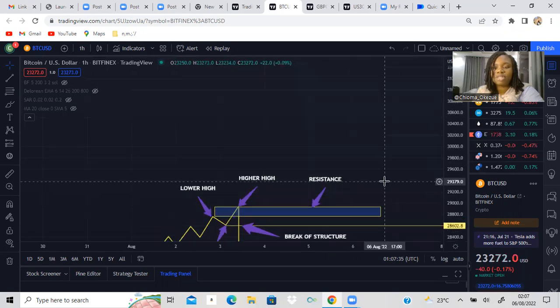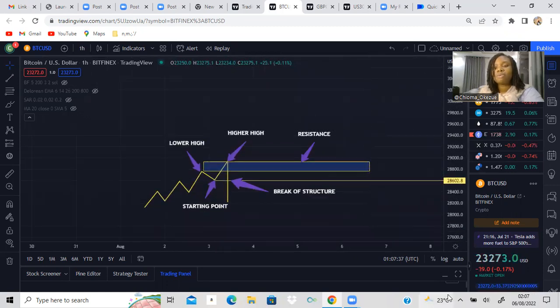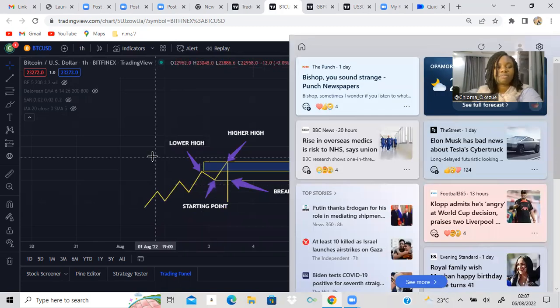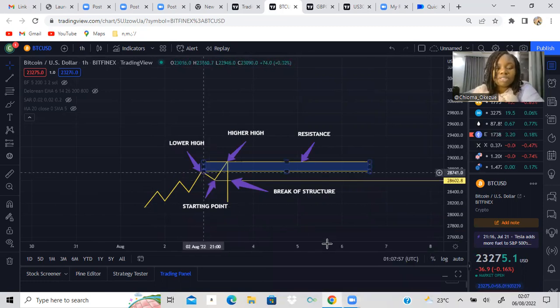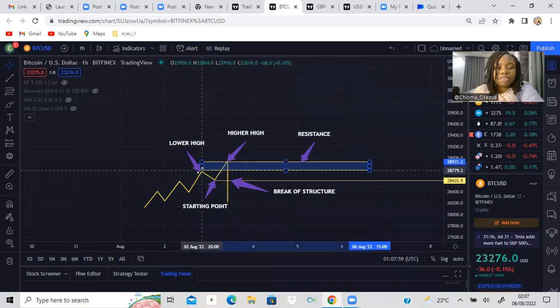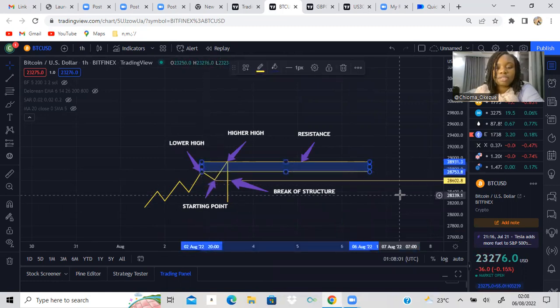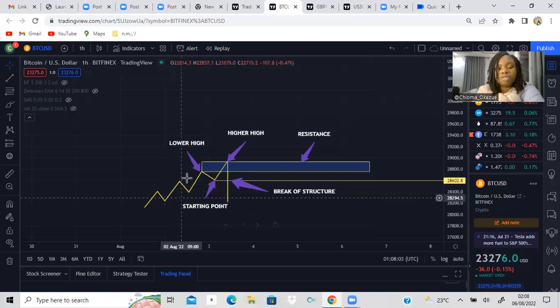Remember, we're reversal traders. I am a reversal trader. So I always wait for a move in the opposite direction and a break of structure. And when it retests, I get in the trade for the sell or the buy, whatever it may be. So let's say you're on an uptrend right now.